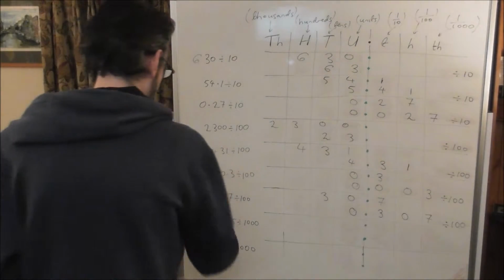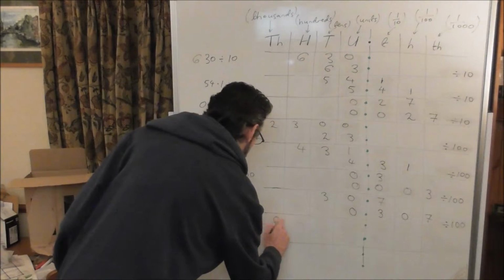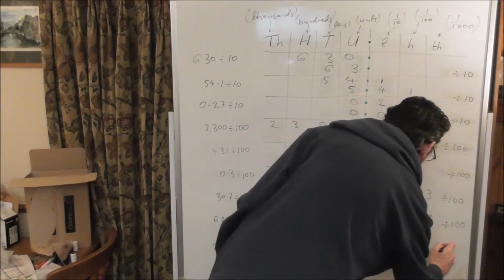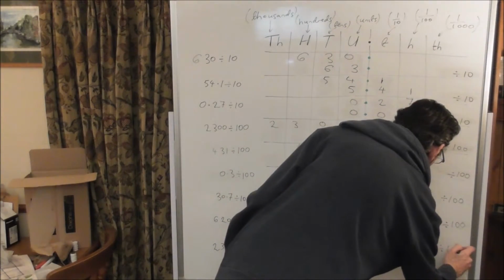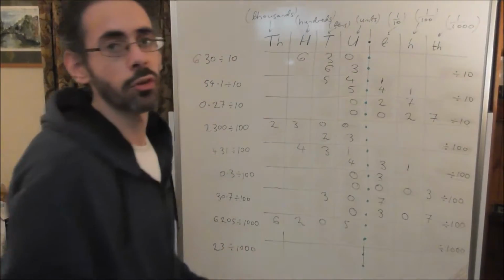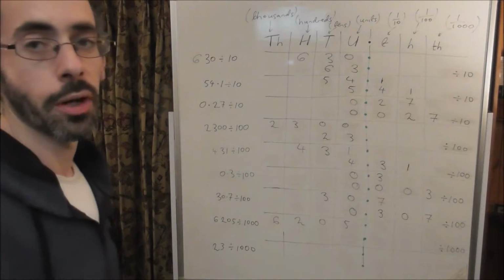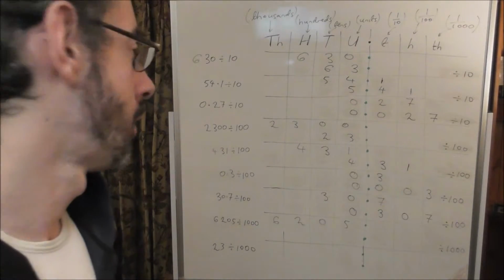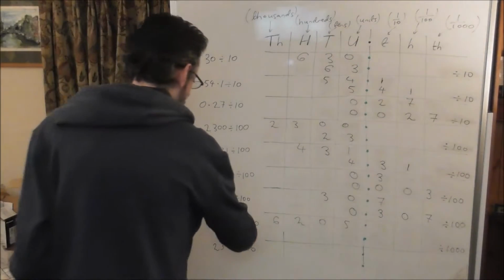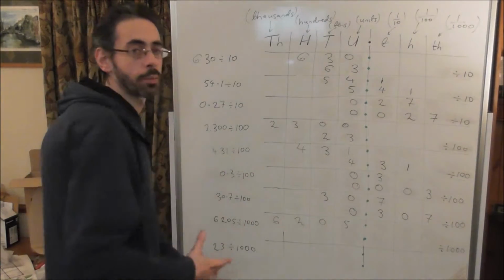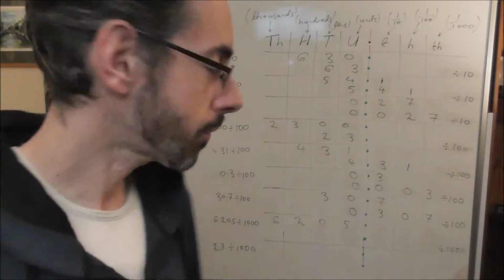Let's do a couple of divisions by 1,000. So 6,205 divided by 1,000. When you multiply by 1,000, if you remember, the digits move 3 places to the left. So dividing by 1,000, they're going to move 3 places to the right. Remember, the number of zeros in 10 or 100 or 1,000 tells you how many places the digits are going to move.